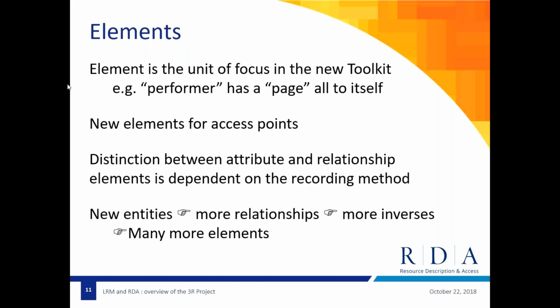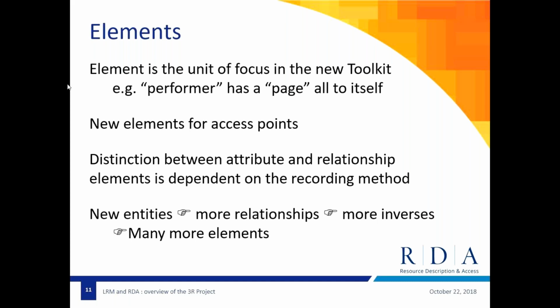There's a shift of focus in the toolkit. The original toolkit combined the treatment of work and expression in one enormous chapter, and similarly manifestation and item. And then it put additional elements in other chapters as if they were second-class citizens.